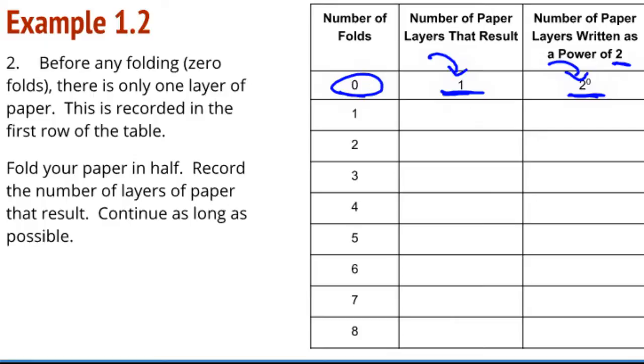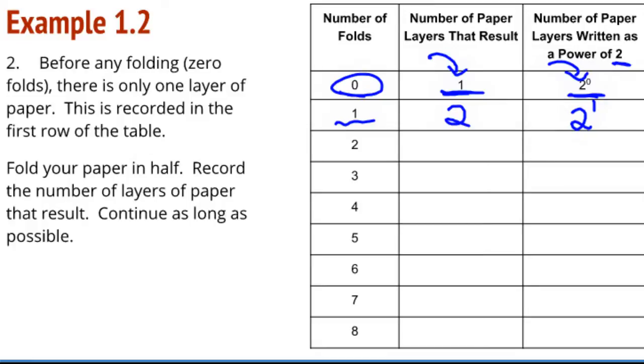So now fold your paper in half and you will have one fold. Record how many layers you now have. You've got 2 layers, and write that in exponential form with a base of 2. So I have 2 to the first layers. Fold the paper again.